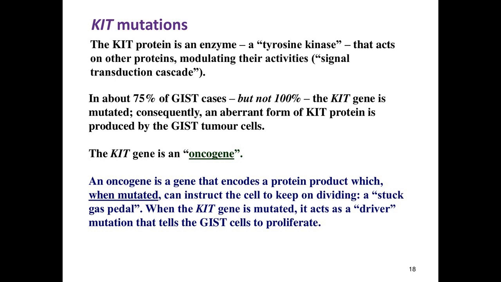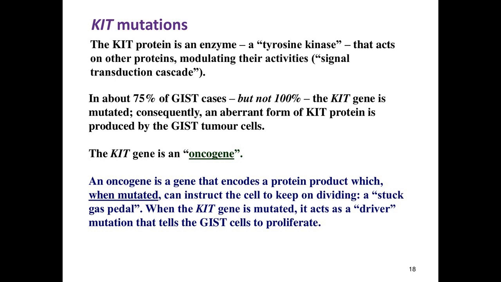Onco meaning cancer, cancer genes. So oncogenes are genes, and there are many known, that encode a protein which, when it has a mutation, can send an instruction to the cell to carry on dividing, whether it should or should not.